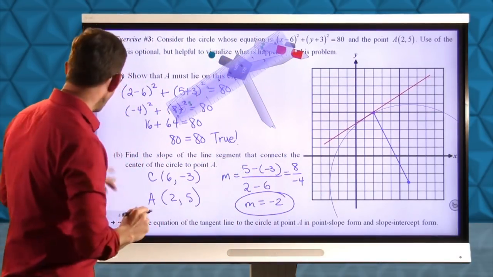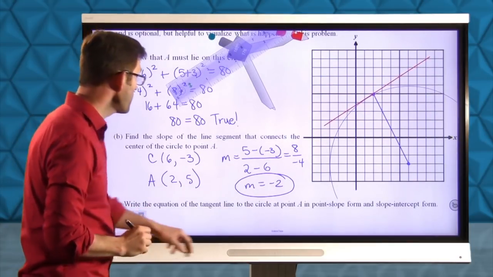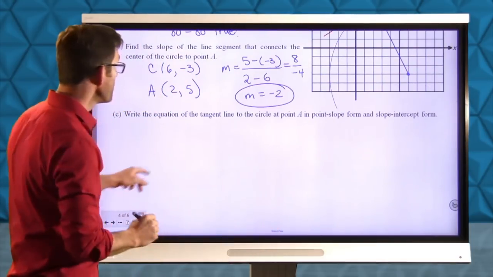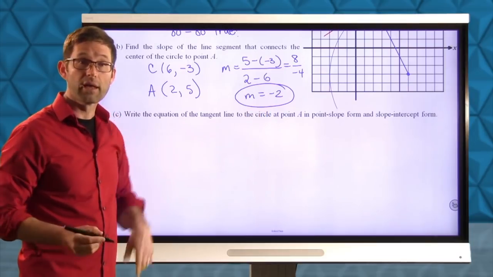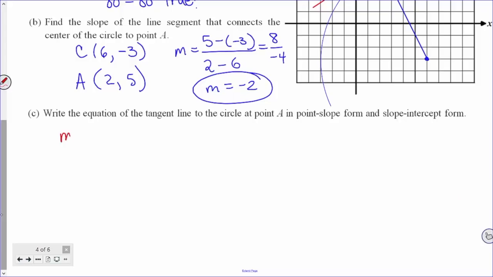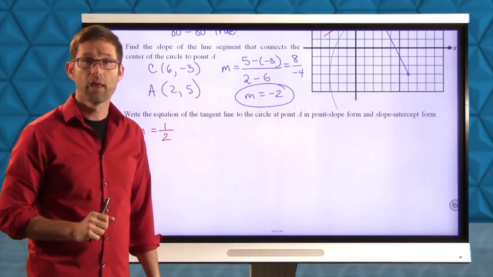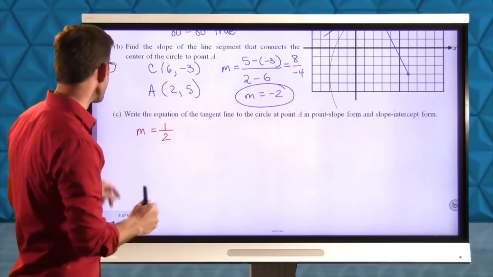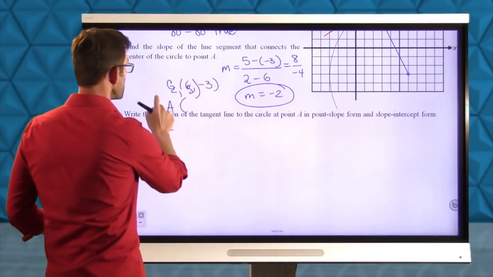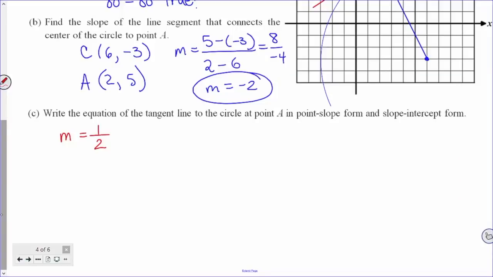Now, one thing I can tell immediately is what its slope is. Its slope must be the negative reciprocal of -2. So the slope of my tangent line is going to be positive 1/2. But I also need a point that it goes through. The beautiful thing is it must pass through point A. That's the point, right?